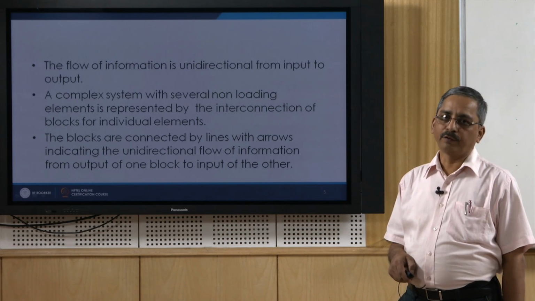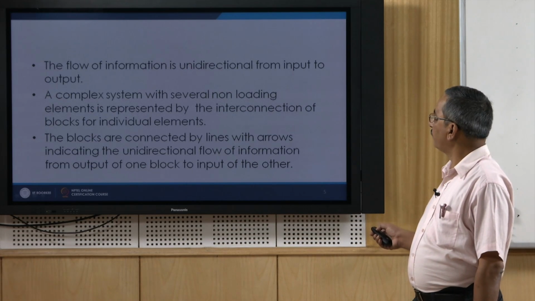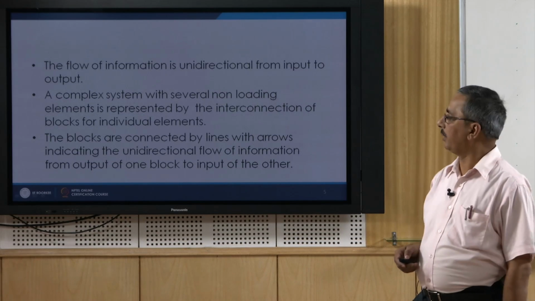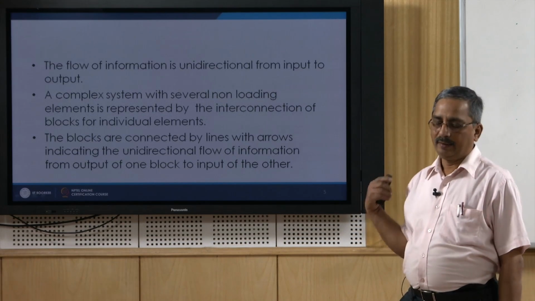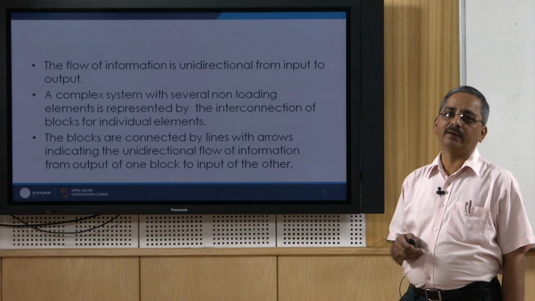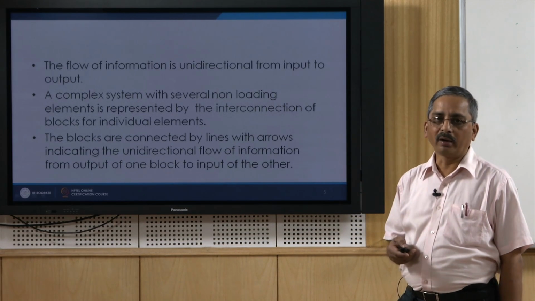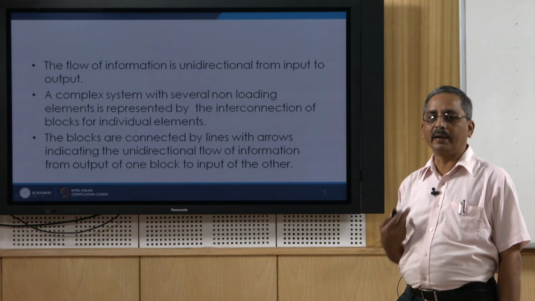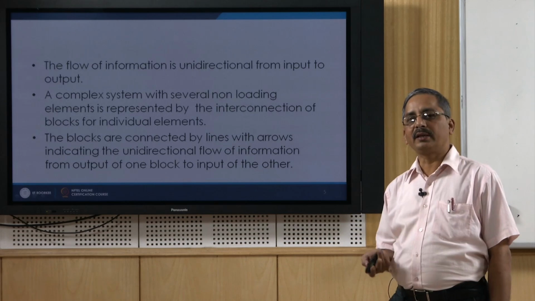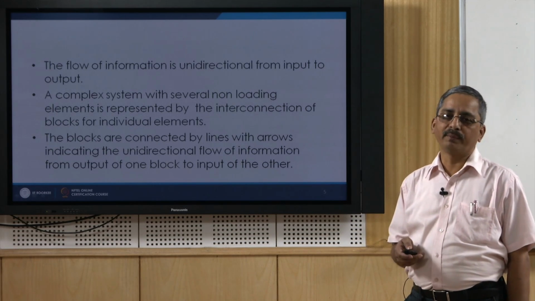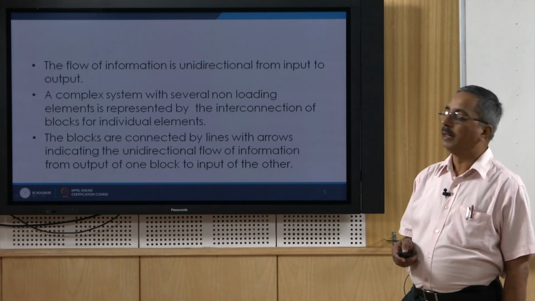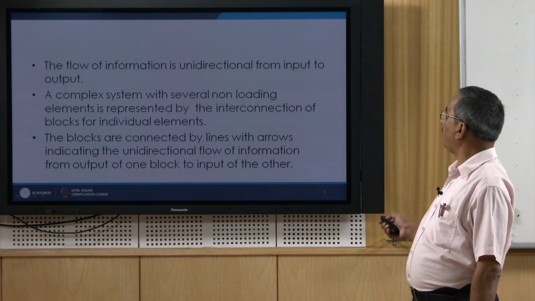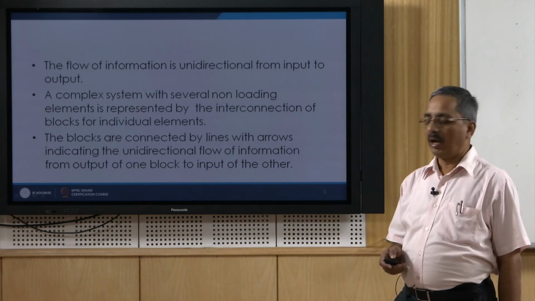This is not the bidirectional way as we have seen in the case of bond graphs, where we have effort and flow both communicating. If one end has the effort information, then the other end has the flow information in the case of a bond graph. But here, as I said, the flow of information is unidirectional from input to output.